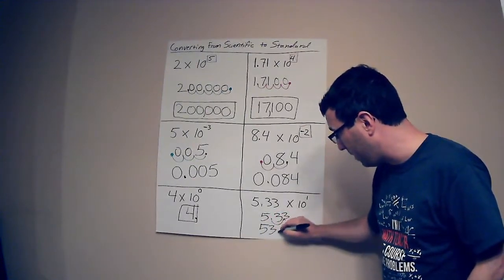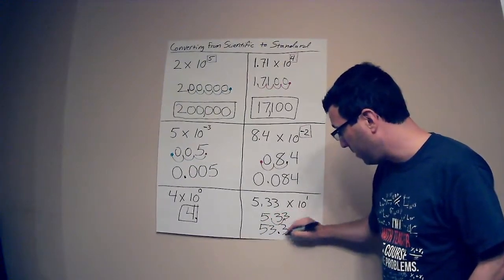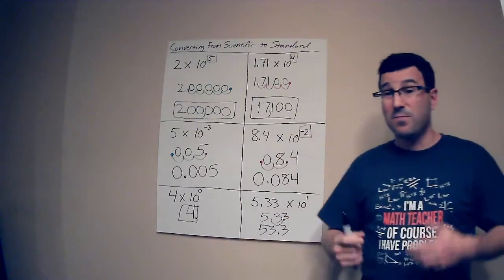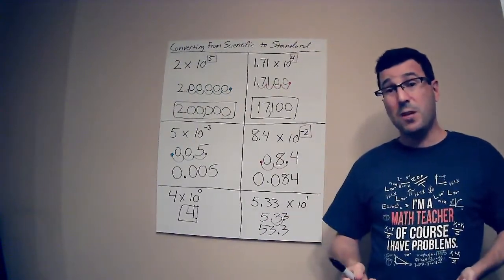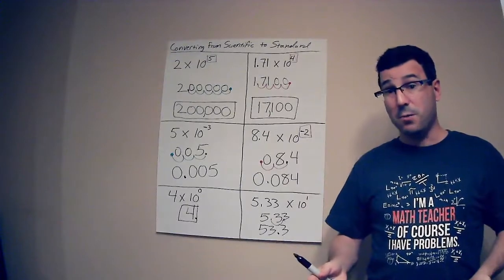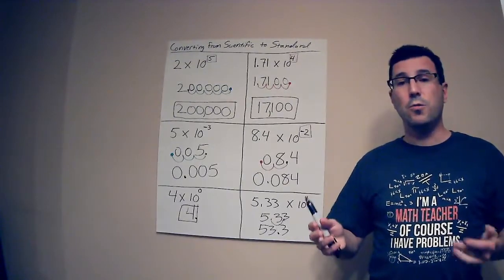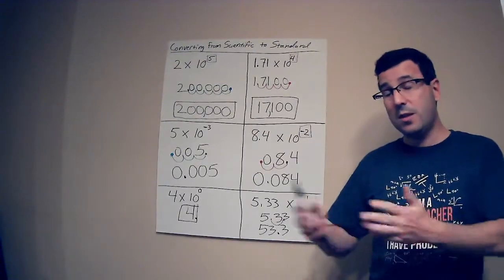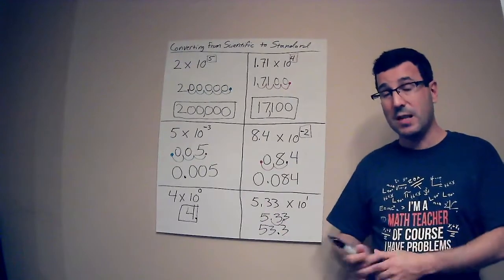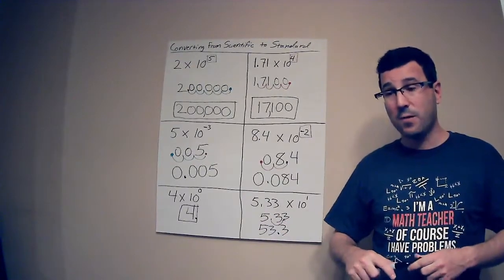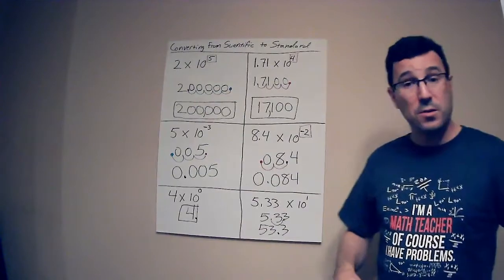So I get 53.3. And realize, when I write something in scientific notation, it is perfectly possible to wind up with numbers after the decimal. That's okay.